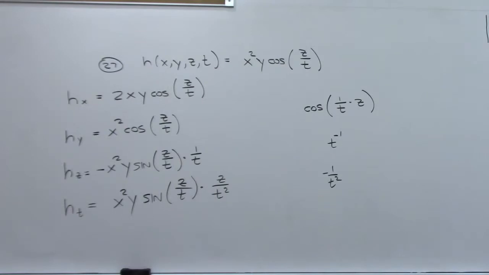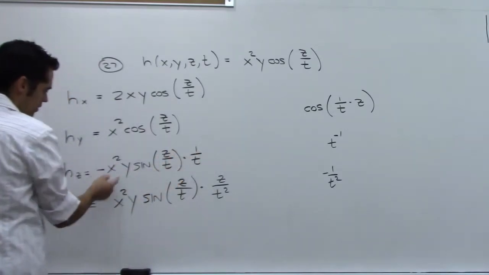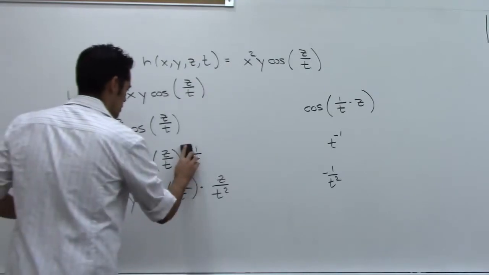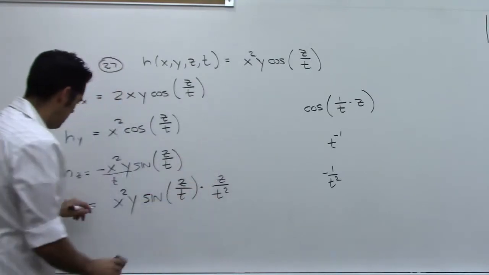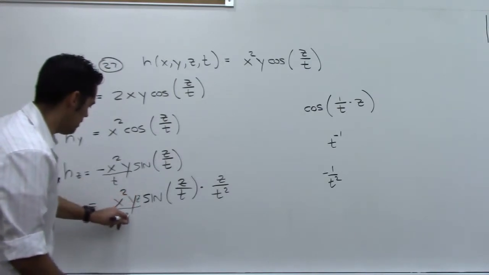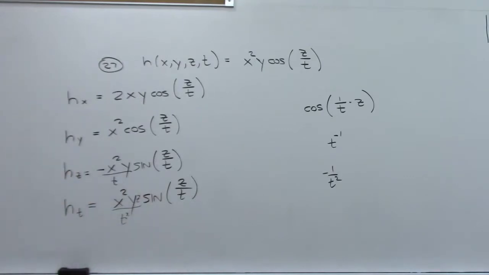The book actually takes it one more step. They just bring this out here and put this over t, which you can do. And then they take this over here, tack the z on right here, and put it over t squared, like that. That's just algebra.